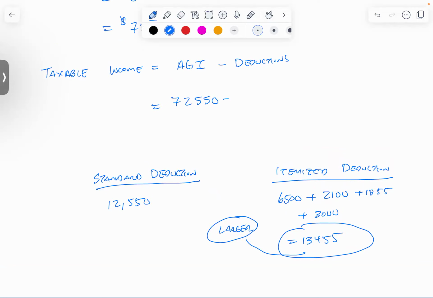If you pay someone to do your taxes, be aware, right? When you do itemized, they charge you more. So now again, highly recommend lots of programs out there to do your taxes on your own. And so then that results in a particular amount of taxable income.